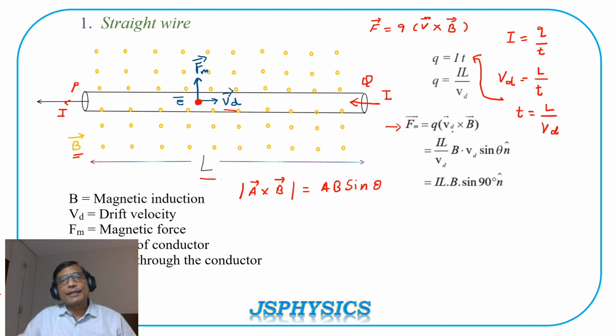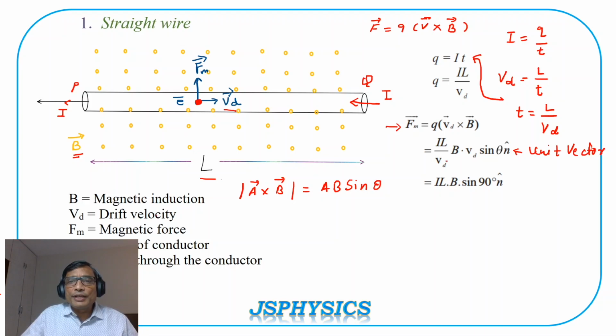So in this case Vd cross B becomes Vd into B sin theta into n cap, where n cap is nothing but a unit vector which is in the direction of the force.